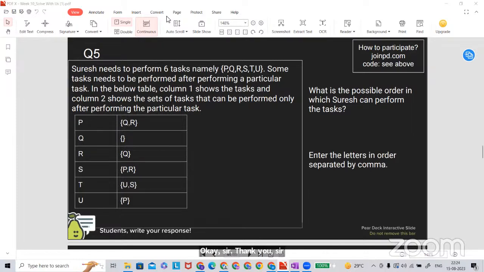Prince has solved. Okay. Richu has solved. Subrat, Avinash.